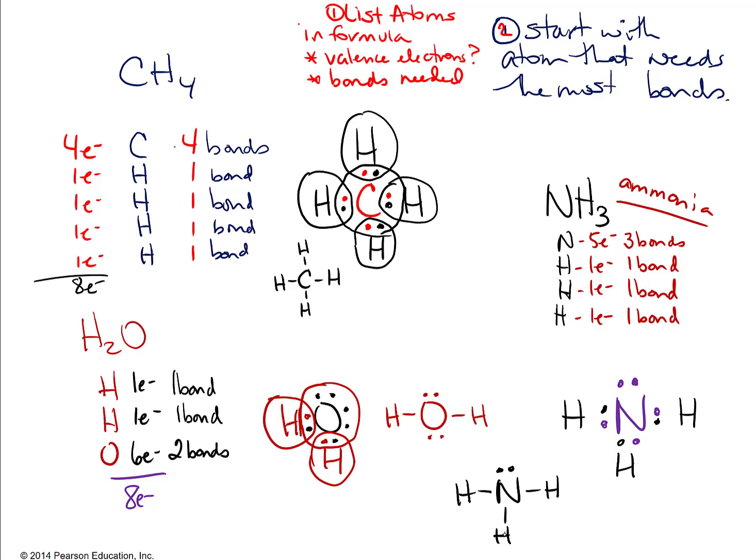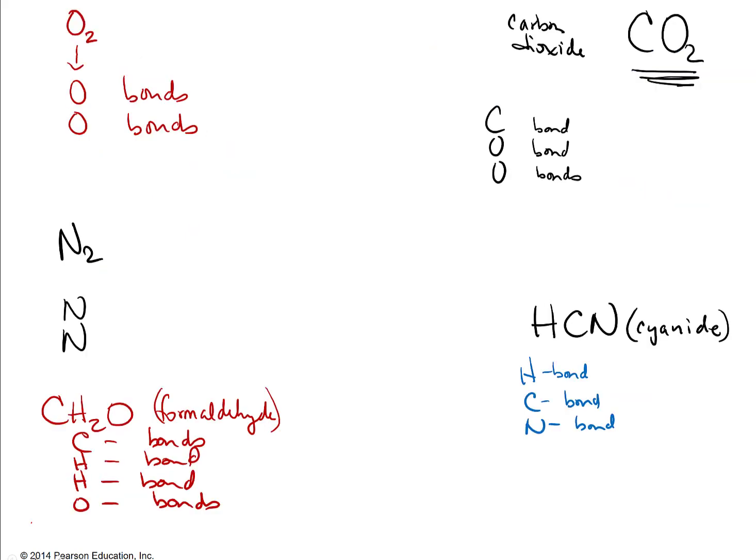It wouldn't matter where you put those non-bonding electrons, as long as they're on one side of the nitrogen. They could be at the bottom or on the left or right. But there are occasions where you're not going to have enough electrons to give them all single bonds.